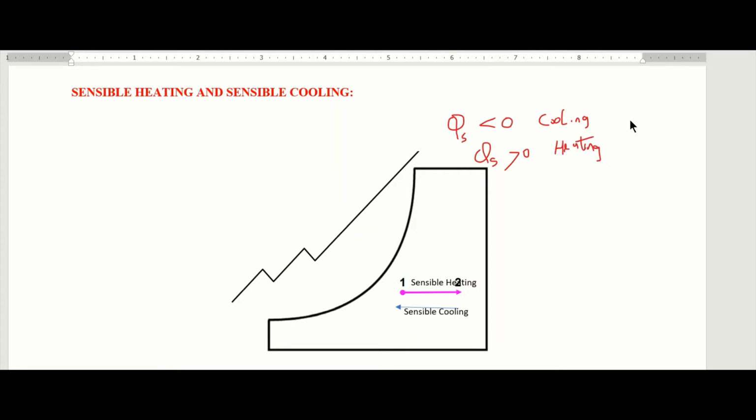That's one. Number two is that when latent heat QL is less than 0, this is called dehumidification.